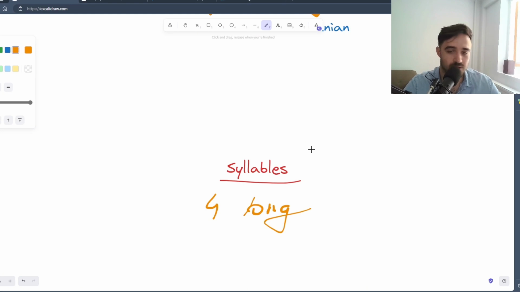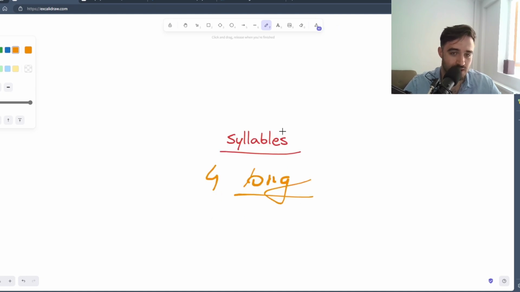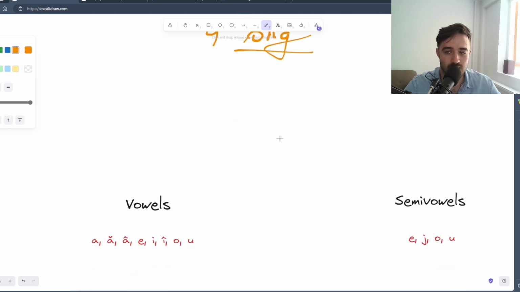So for syllables, I suggest you spend time and have patience, otherwise it's going to be quite difficult, but it will come with time. You will get the gist of it, and I would say at the beginning really focus on the vowels and semivowels, because this is really what diphthongs are about.